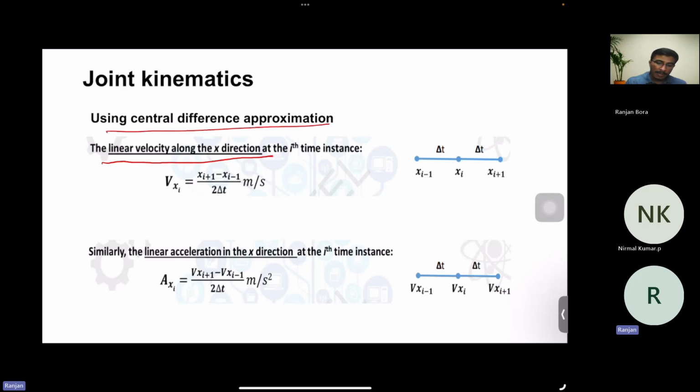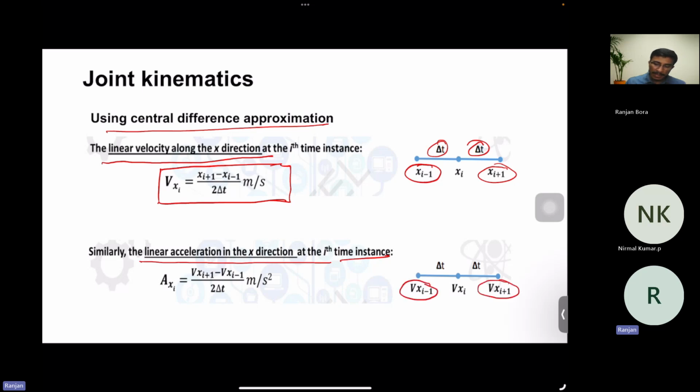The formula is given here: Vxi equal to xi plus 1 minus xi minus 1 divided by the total time duration for those two steps. Similarly, the linear acceleration at the ith time instance is given by Vxi plus 1 minus Vxi minus 1 divided by twice delta t. So we can use these two formulas for finding the velocity and acceleration for any joint.